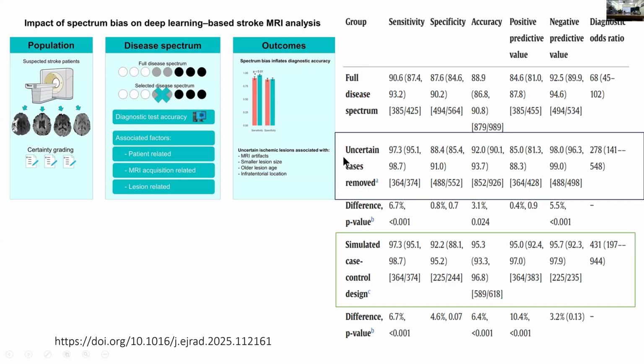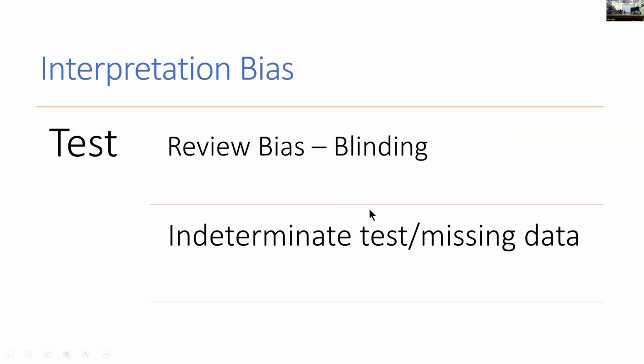But if you remove the uncertain cases in between, then your sensitivity and specificity go up. Similarly, if you do a case control design, that is, you take only the cases and controls, your sensitivity and specificity go up. But in a clinical scenario, we will normally have a full spectrum of disease. So to avoid spectrum bias, normally you should take the patients consecutively and prospectively.